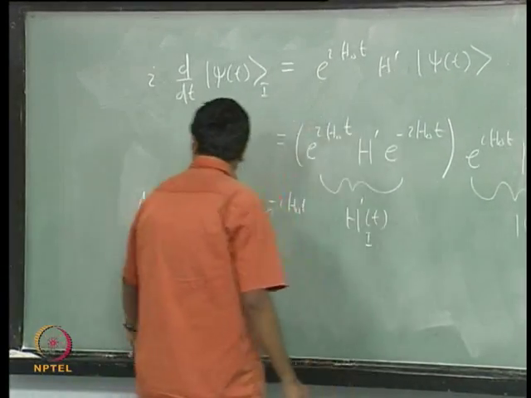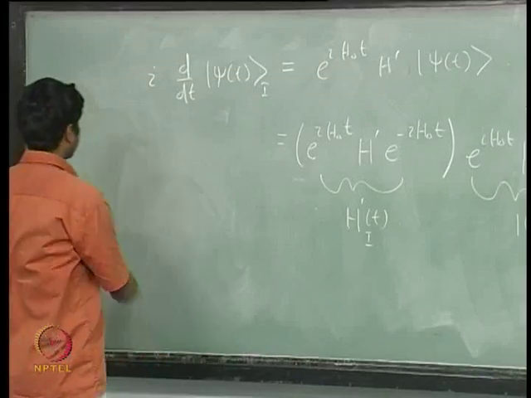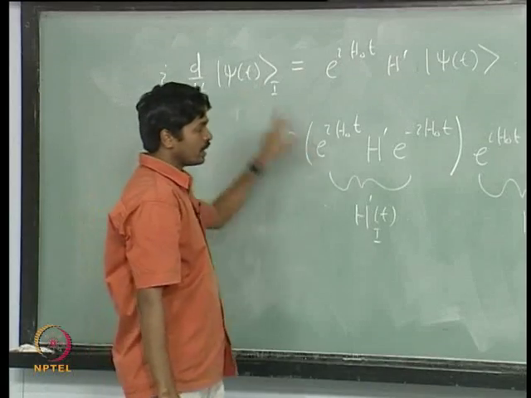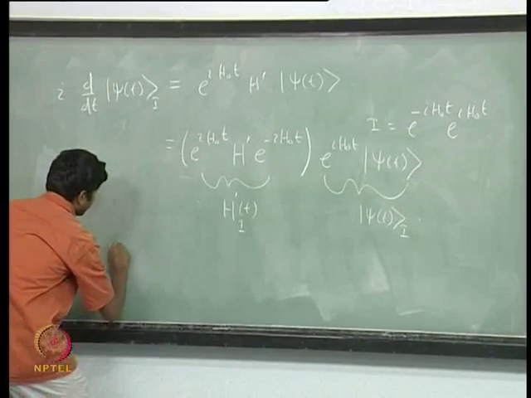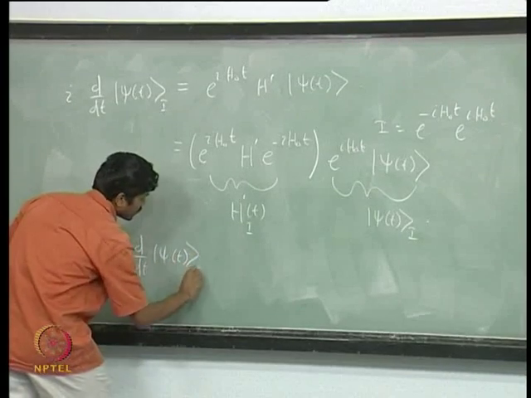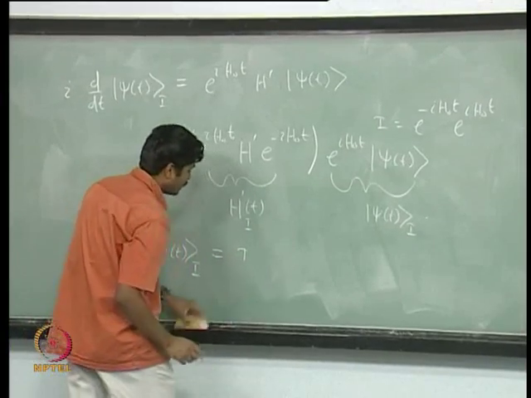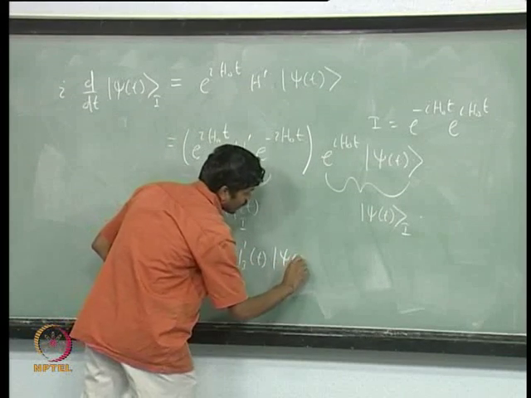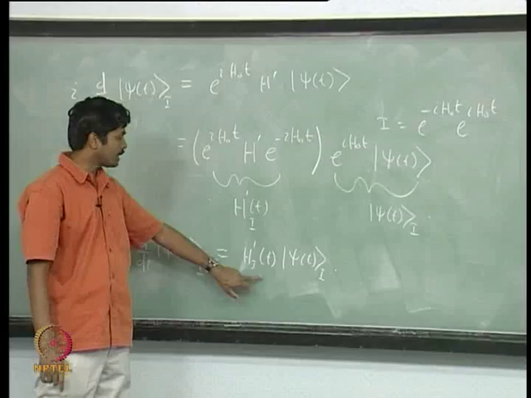Therefore, if I use this definition that the state vectors in the interaction picture are defined like this, then these state vectors obey an equation where the time evolution of the state vectors is actually governed by the interacting part of the Hamiltonian H I prime of t acting on psi t, where this interacting part of the Hamiltonian is in the interaction picture.